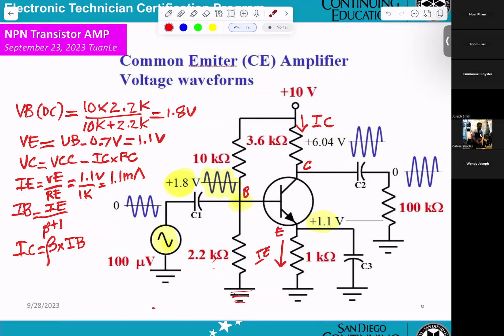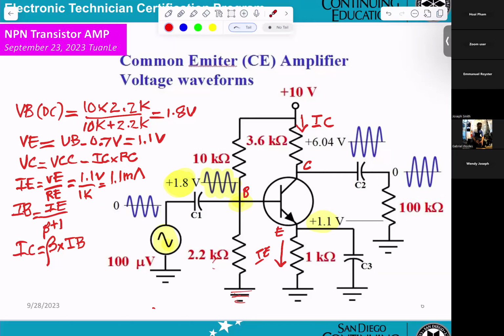How can you set up your oscilloscope so you can see 100 microvolt AC? Otherwise, no way you can see 100 microvolt. The thing is you get a DC 1.8 volt, too big. Who knows? Tell me.